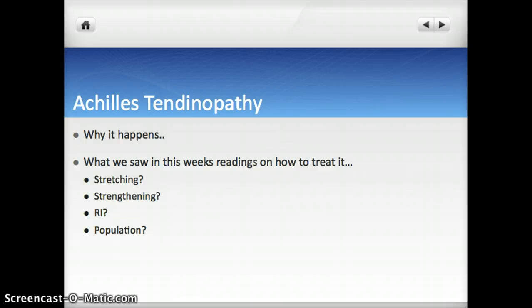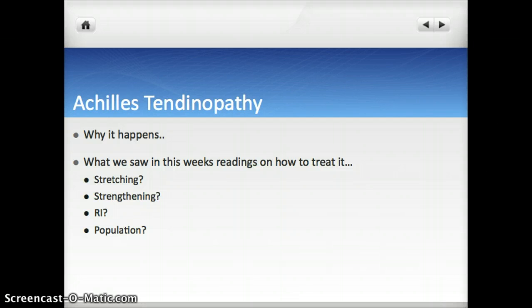Then we had some great discussion on what population this would be applicable for, especially with the Cook et al. study saying aging doesn't specifically associate with tendinopathy. So we're seeing patients from extremely young to the elderly in our office, and how do we dose what we're learning here?